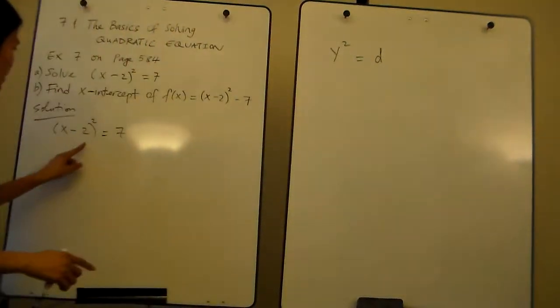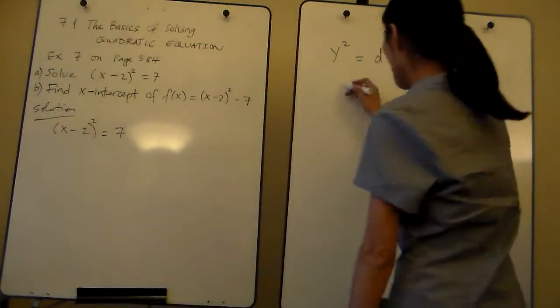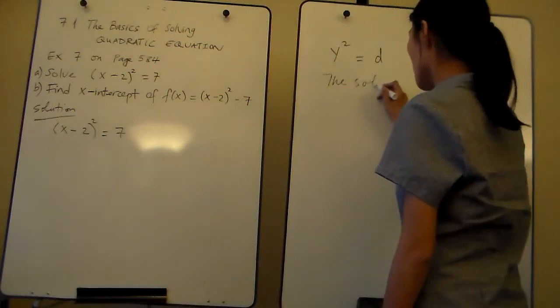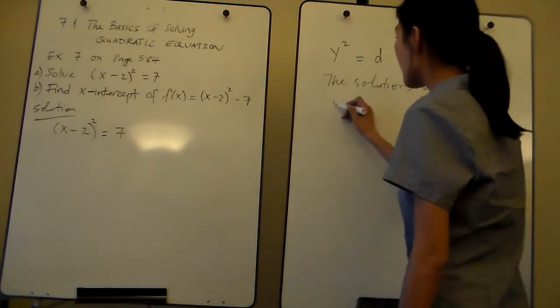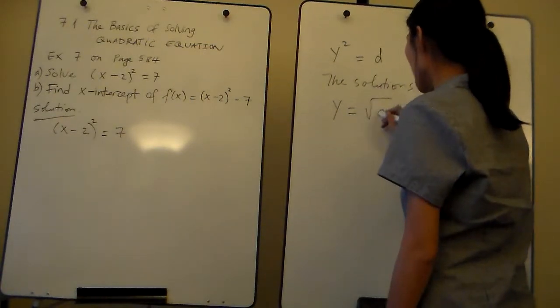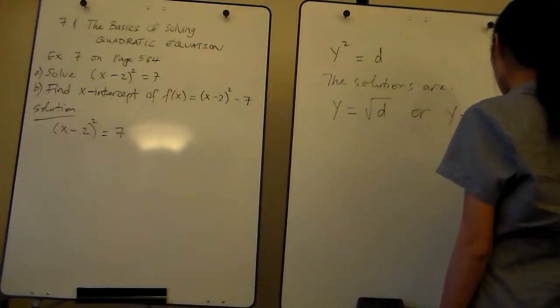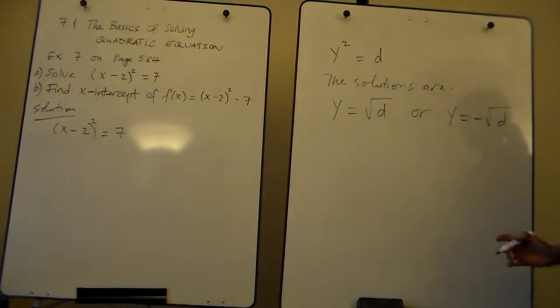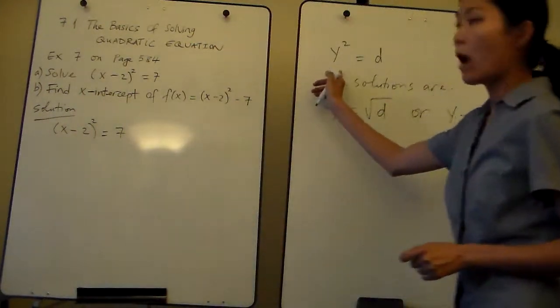In this case, (x minus 2) squared equals 7. The solutions are y equal to square root of d, or y equal to negative square root of d. So treat the whole thing here, x minus 2, as y.